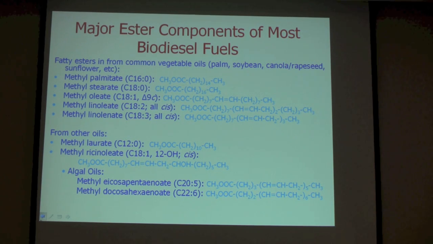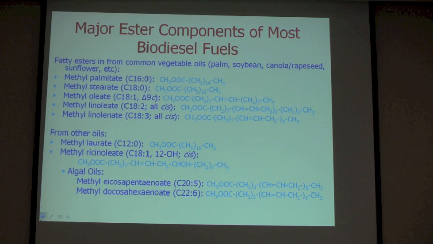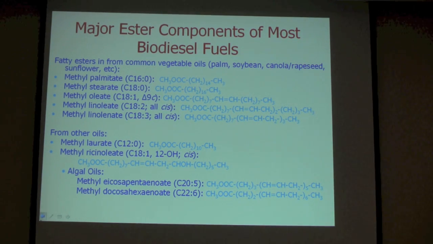Then from other oils, we can get, for example, methyl laurate in biodiesel. If you use coconut oil, some tropical oil that usually has shorter chain fatty acids, you'll see that methyl laurate has fewer CH2 groups in the chain. Castor oil can give you methyl ricinoleate. Its major feature is that it has an OH group at one of the carbons of the chain compared to methyl oleate.